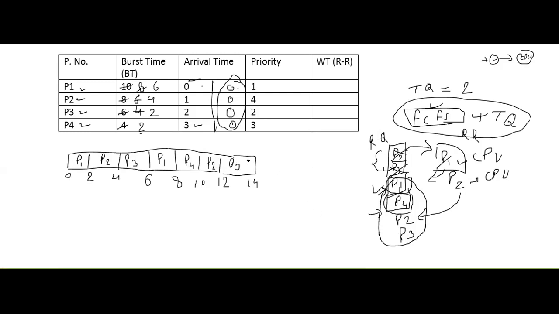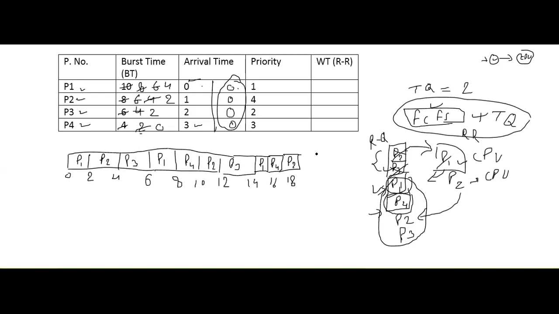After P3, once again P1 goes up to 16, so this becomes 4. Then P4 up to 18, so P4 got completed. Then P2, and P2 becomes 2.